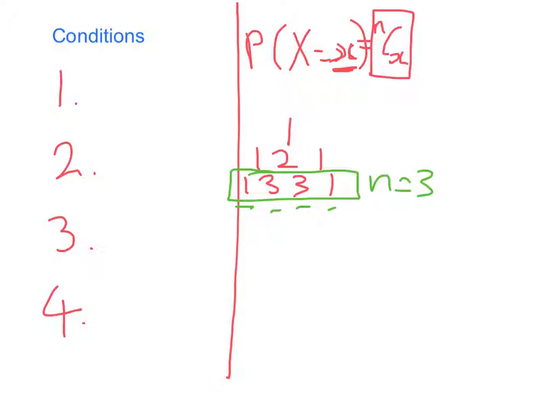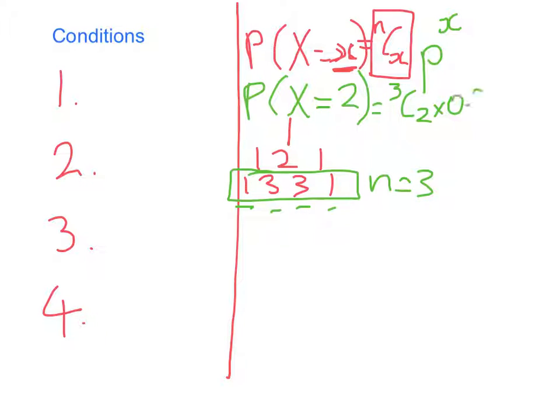The second bit is what was the probability on each trial of getting a tail. So that was p. And if we had x successes, that means we have p times itself x times. So if x was equal to 2 here, we had nCx ways to get 2 tails out of 3 trials.